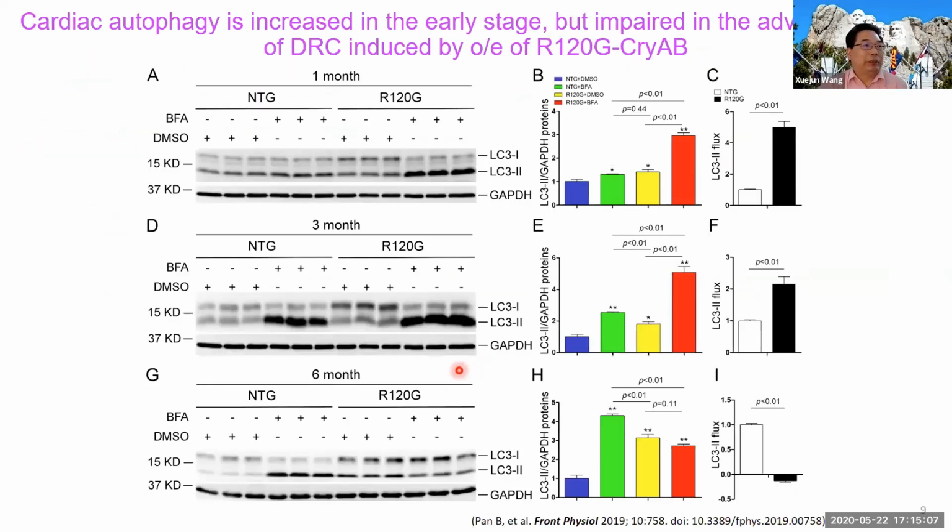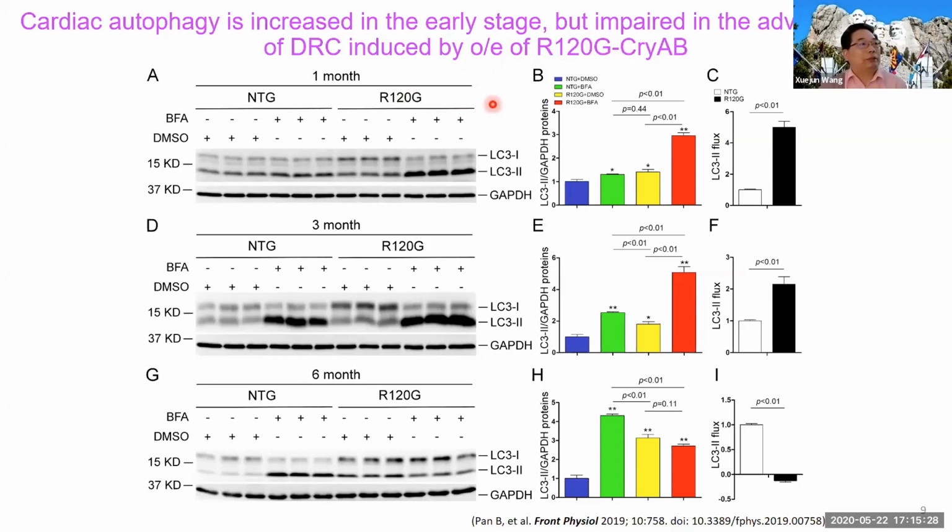Also in this same category, the same model, but the data shown here is slightly different. It is the same desmin-related cardiomyopathy mouse model, induced by overexpression of another mutant misfolded protein, arginine 120 mutated to glycine of the crystallin, the so-called R120G mouse model.